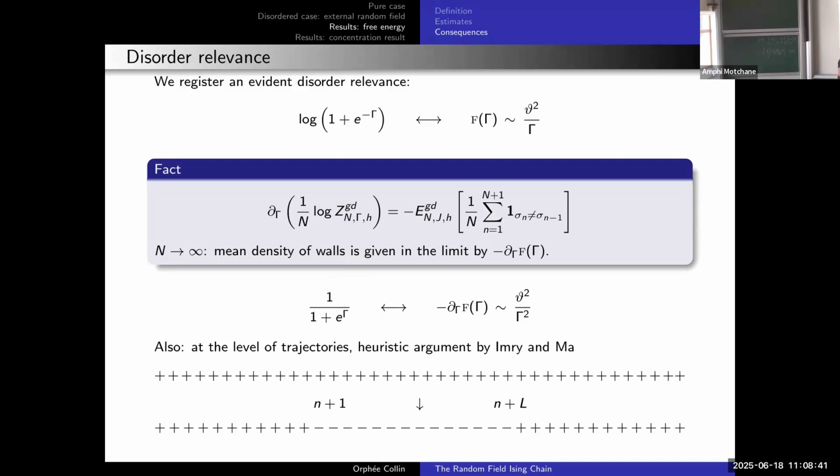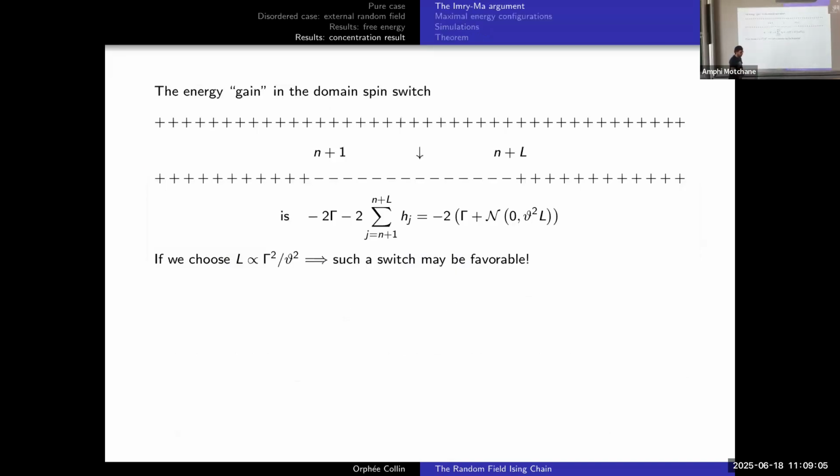Okay, so let's consider this very simple heuristic argument. We start with a configuration with pluses everywhere, and we look at the sites from n+1 to n plus capital L for some n and some L. We wonder what happens if we switch the spins in this region from plus to minus.